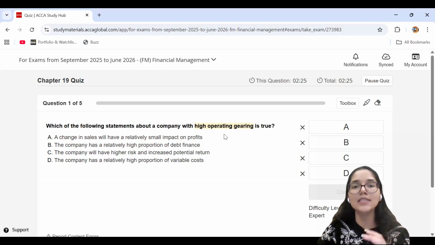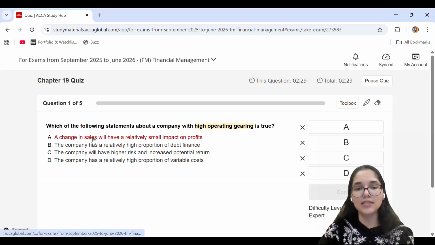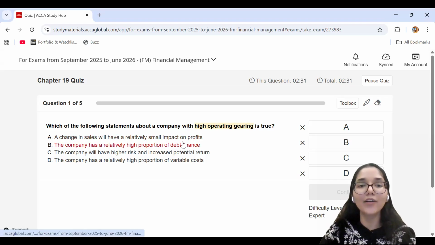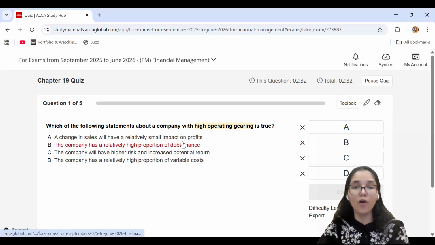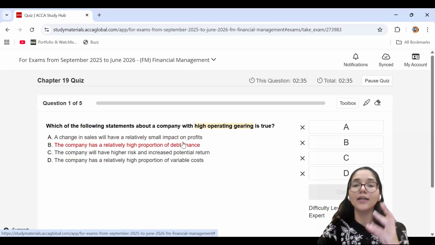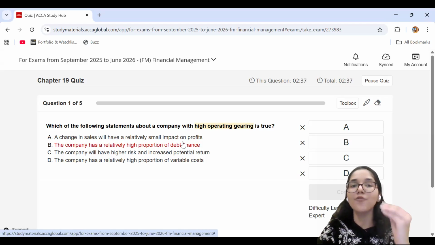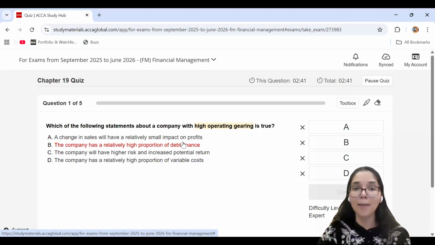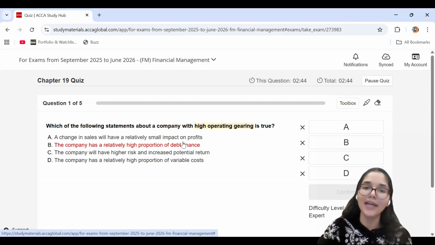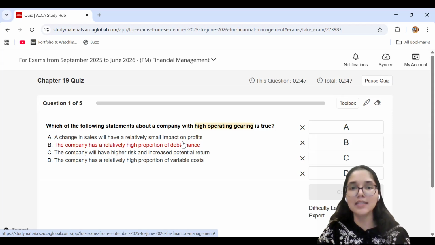So if fixed costs are very high, even if there is a small change in the sales, will it have a small impact on the profits? No, because if the majority is fixed costs, then if my sales have fallen, my profits will fall sharply because a lot of the sales portion will be going away in paying for the fixed cost itself.